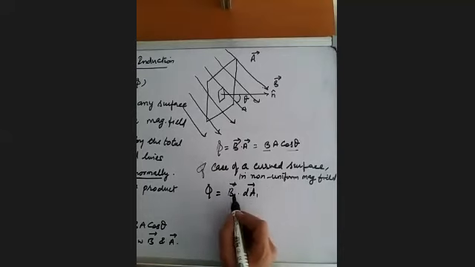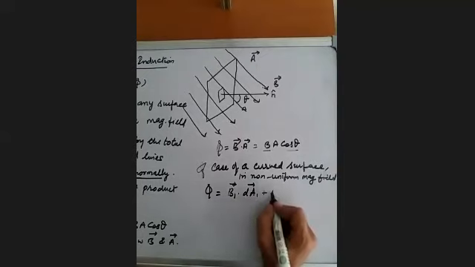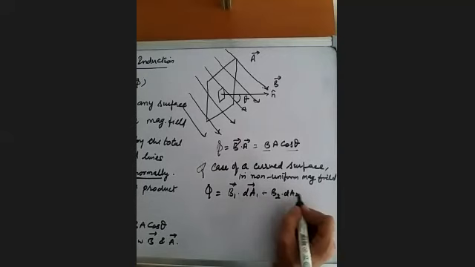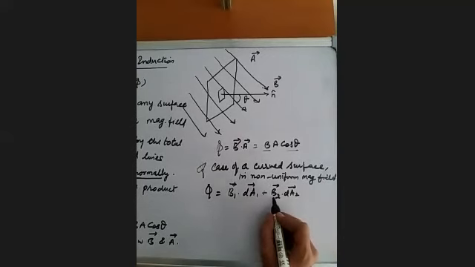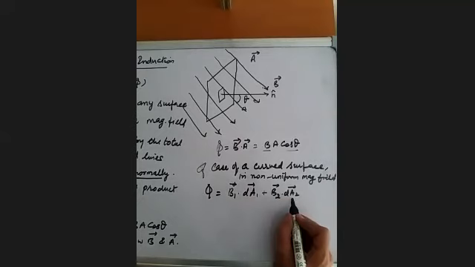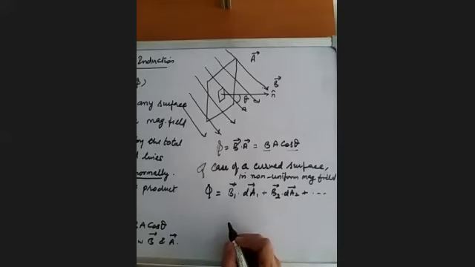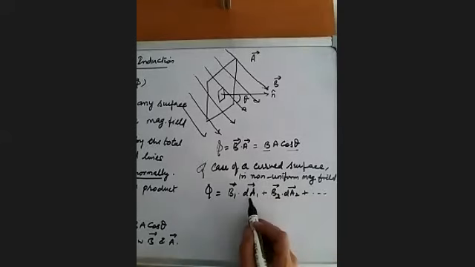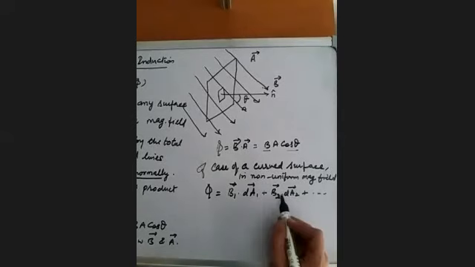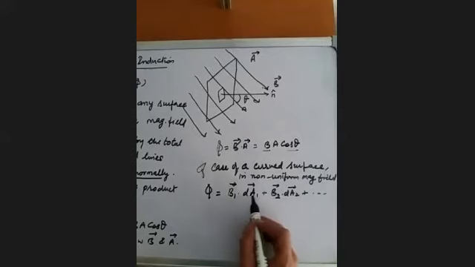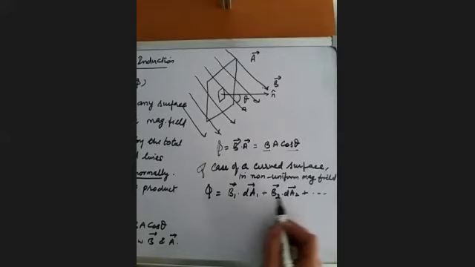The dot product of these two gives phi1, the flux linked with that small area, plus B2 dot dA2, where field B2 is linked with another area element dA2, and so on. You can go on like this, dividing the curved surface into smaller areas dA1, dA2, dA3, because the magnetic field with area element dA1 will be different from that with area dA2.